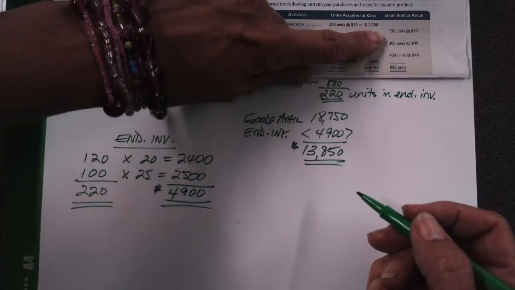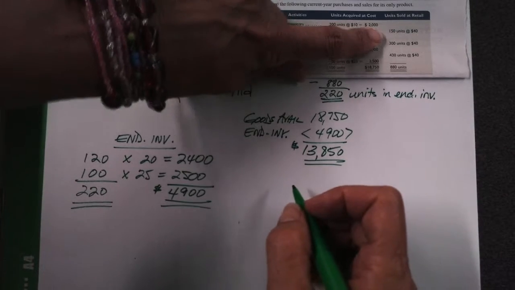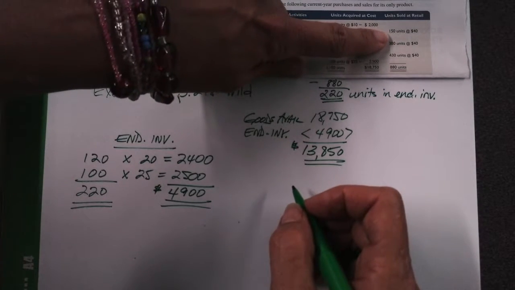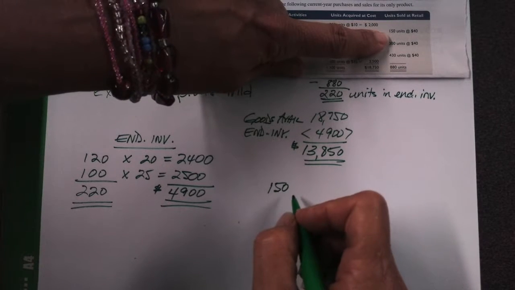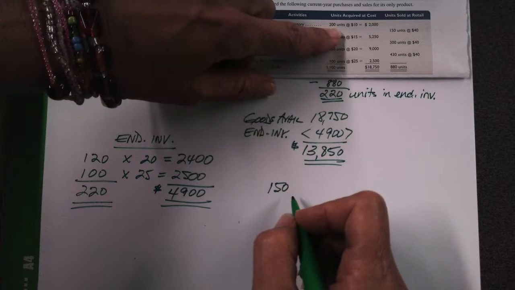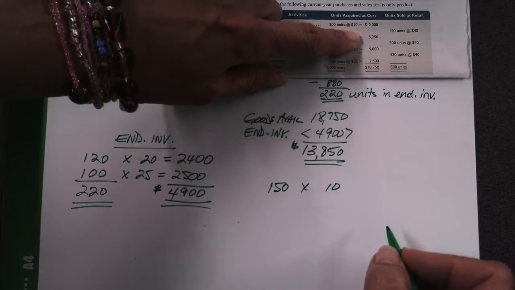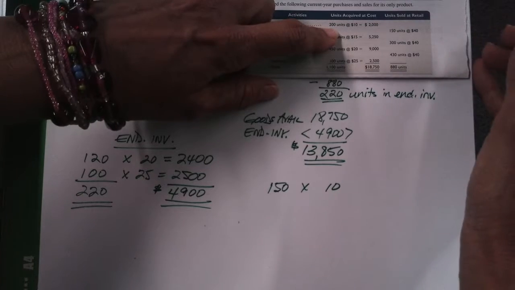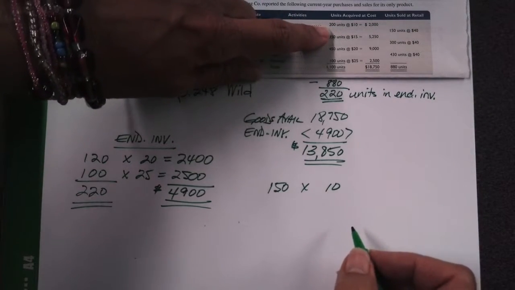Okay, let's go up here to the units sold information in our problem. Let's see, we sold 150 units. Okay, 150 units. Where did those 150 units come from? They all came from beginning inventory, so they have a value of $10. Well, that leaves 50 units left out of beginning inventory, right?